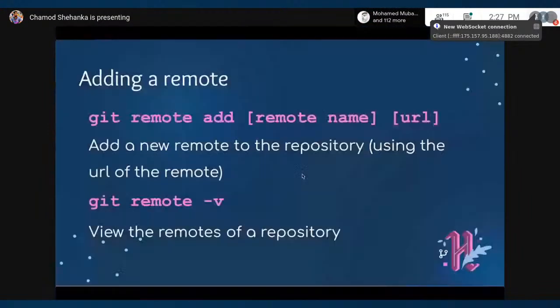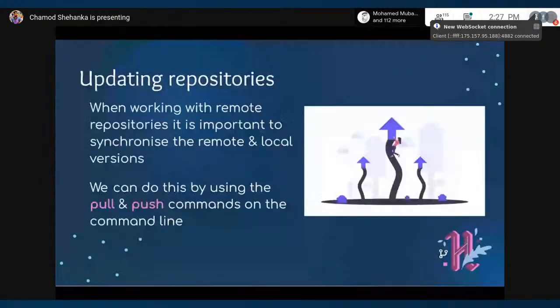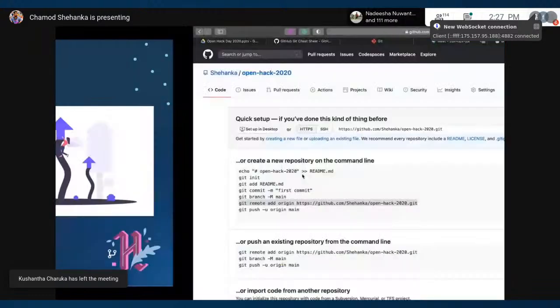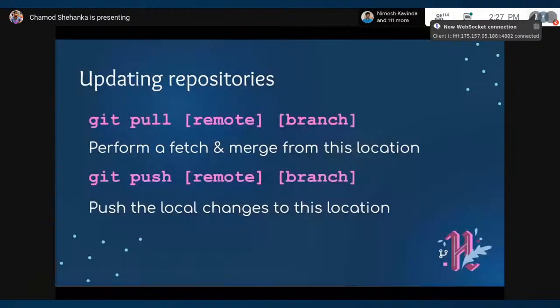Now we need to update our remote repository as well, because this example file is not in here. To do that, we need to push our changes to the remote repository.